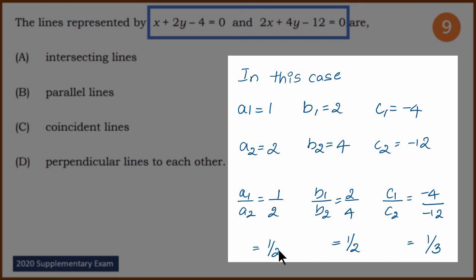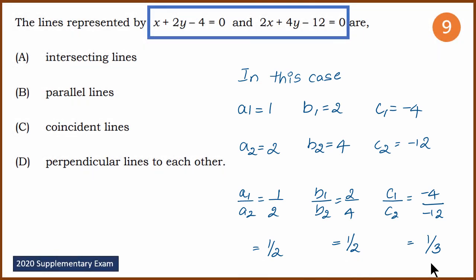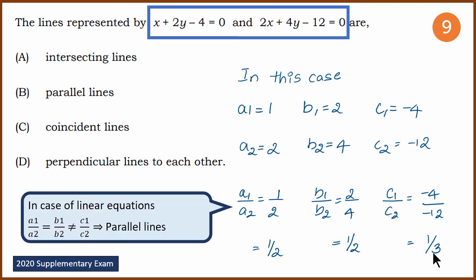Okay, so we have A1 by A2 as half, B1 by B2 as half, and C1 by C2 as 1 by 3. So effectively, are they equal? Yes, these two are equal, but C1 by C2 is not equal. If these two are equal and C1 by C2 is not equal, then remember it is parallel lines. The answer is B.